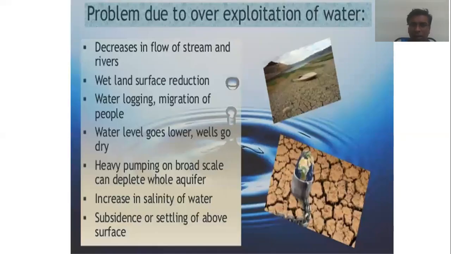Okay. And what are the major problems of over exploitation of water resources? The major problem is decrease in groundwater level. If you are continuously using groundwater, the water level present in the groundwater is slowly decreasing, and it leads to earthquakes or landslides, or subsidence of land.